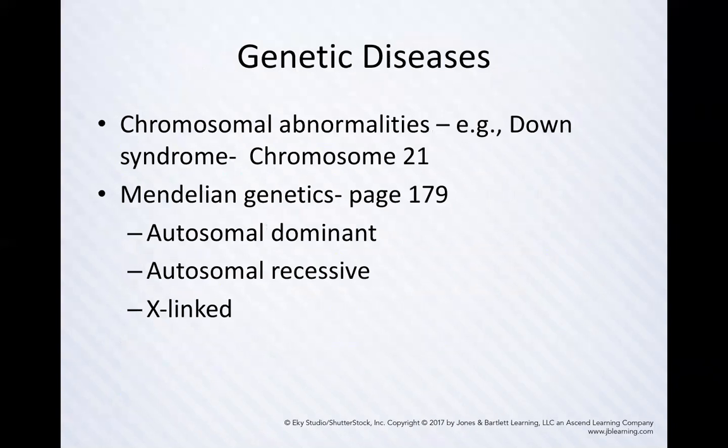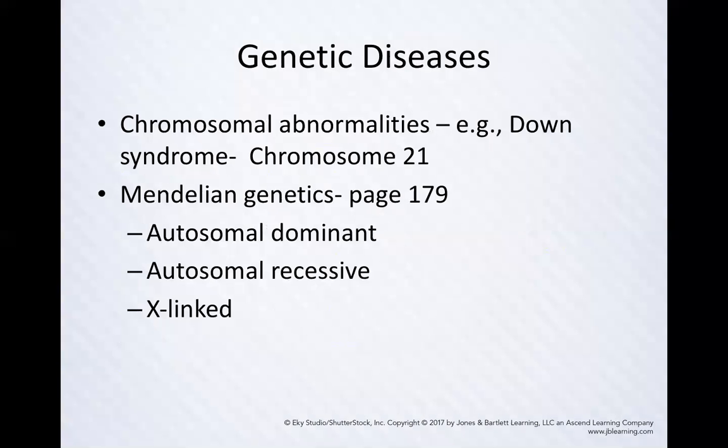The next thing I'm going to ask you to look into is genetic diseases. This is going to be explored more in maternal and child health. Genetic diseases are things that are passed down genetically. It could be a missing chromosome in the genetic code. Look up page 179 and make sure you understand how genetics work. You've probably heard of the recessive gene and the dominant gene.